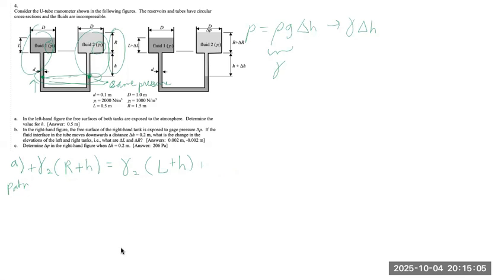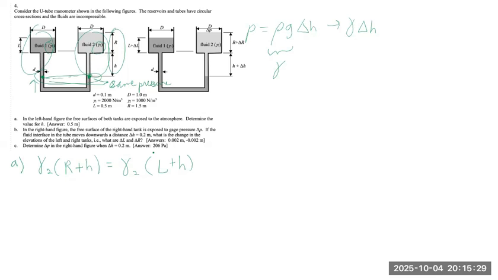But here, if we are only considering these two pressures from these two fluids, another way of looking at it is that we are considering gauge pressure, so the pressure relative to atmospheric pressure, not the absolute pressure.